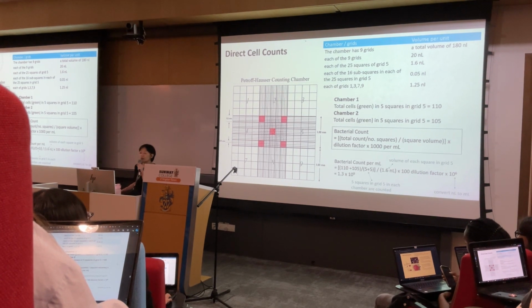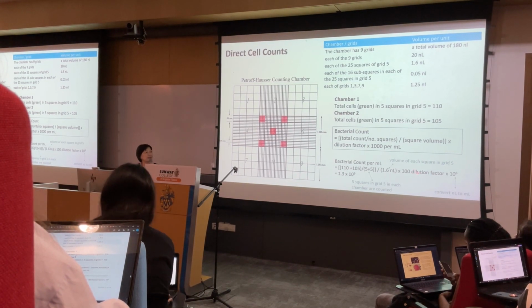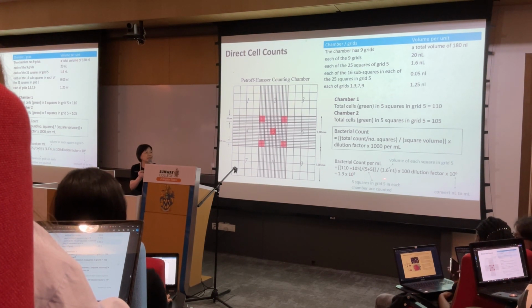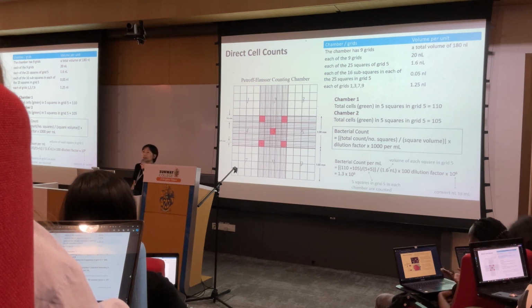Of course you have different ways of counting it, but normally it's the same. It depends how much you have to multiply your dilution factor. And at the end, the unit is number of cells per milliliter, which refers to how many cells are present in your original sample.